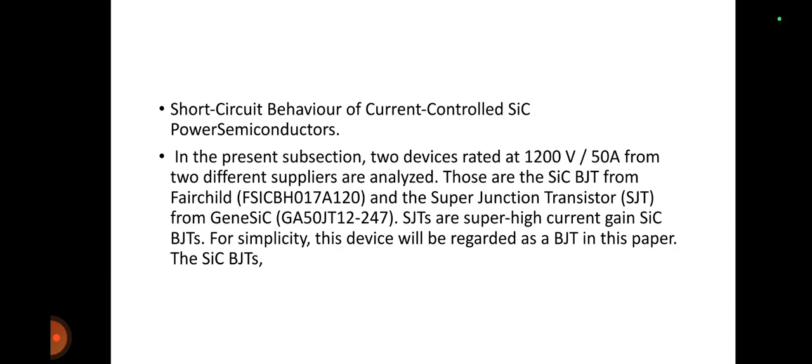Those are the SiC BJT from Fairchild, FSICBH017A120, and the super junction transistor SJT from GeneSiC, GA50JT12247. SJTs are super high current gain SiC BJTs. For simplicity, this device will be regarded as a BJT in this paper, the SiC BJTs.